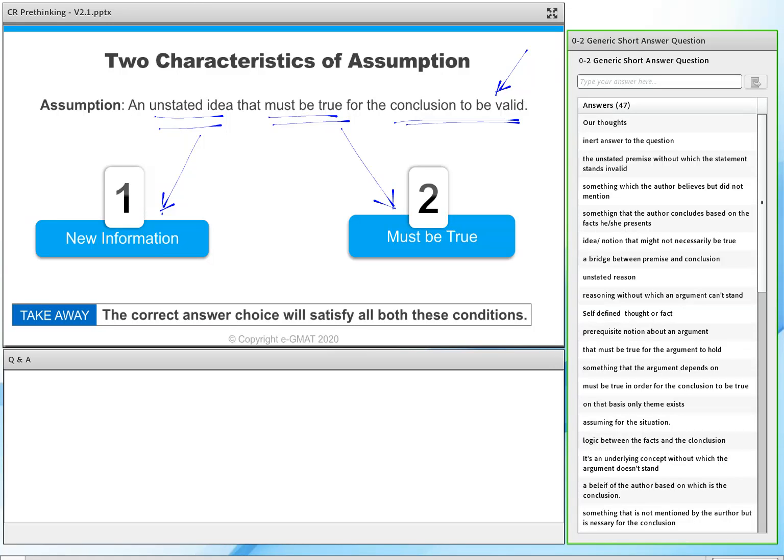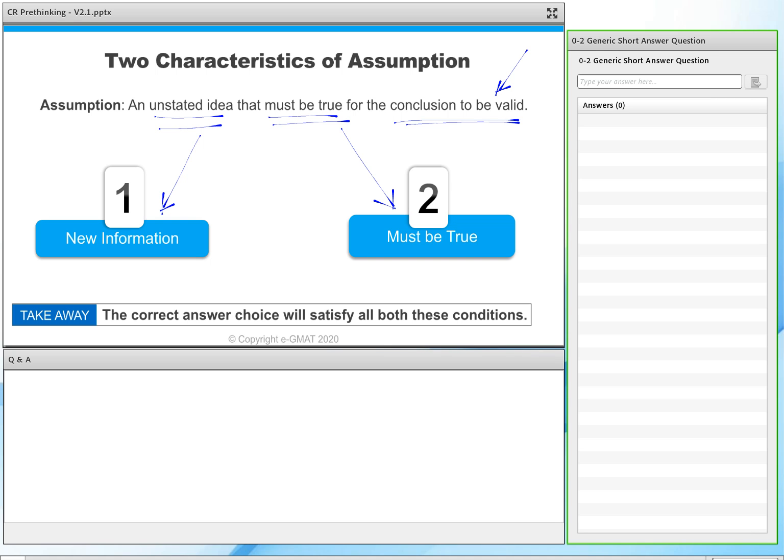Or in other words, without the assumption, there is a possibility that your conclusion can be broken down. So it's that essential piece of information. Because it's unstated, the author hasn't explicitly stated that in the argument. Really important piece over here.